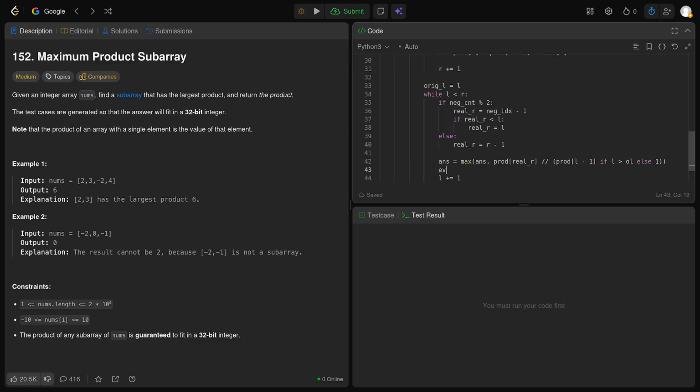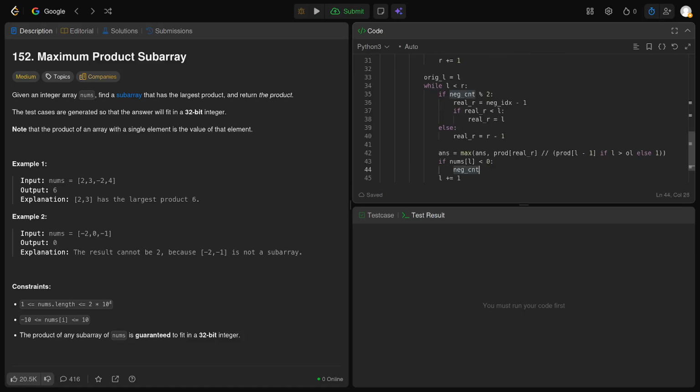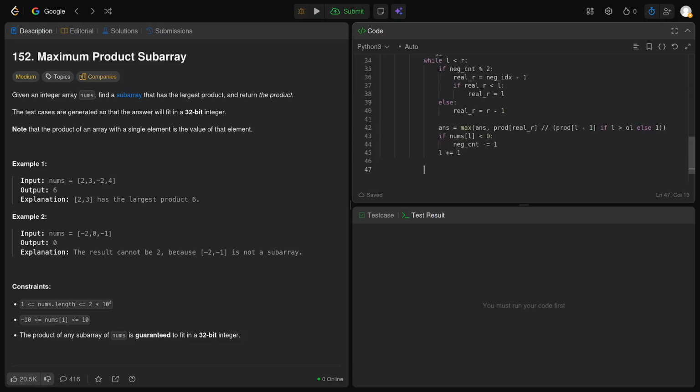And then even count. No negative. So if nums L under 0, then negative count minus equals 1. Return answer, I guess.